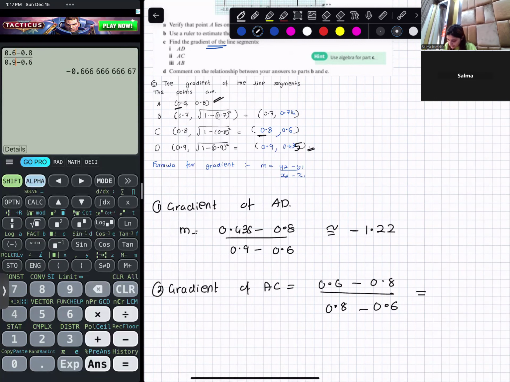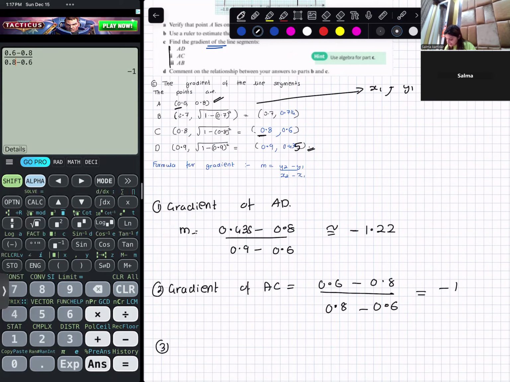Please note for A, this is my X1, Y1, and this will remain the same for all the gradients. So the gradient of AC is nothing but minus 1.